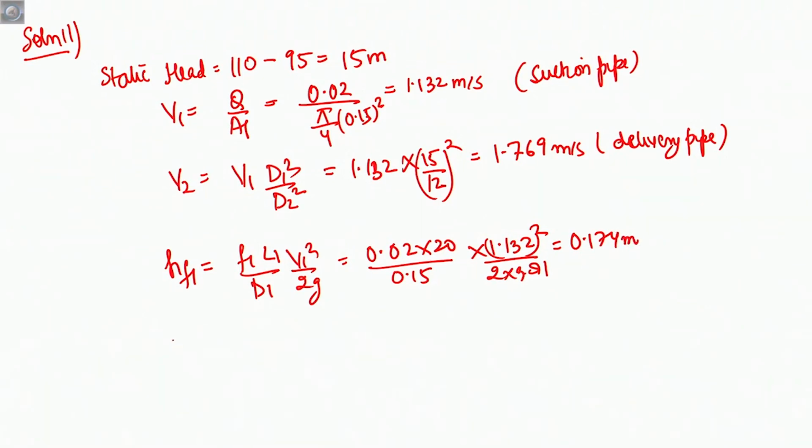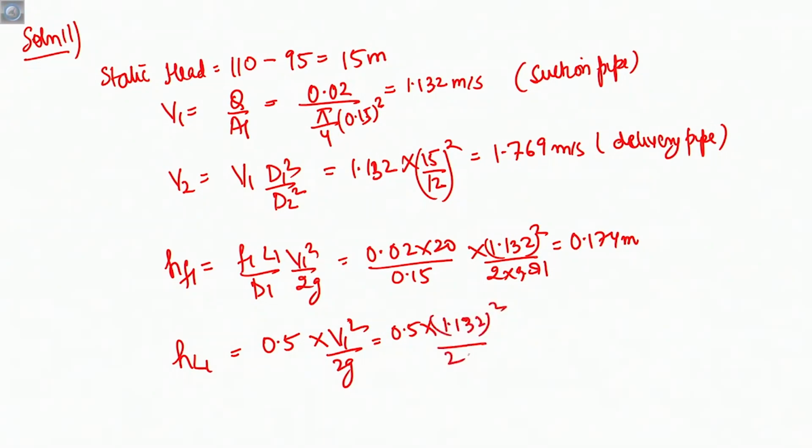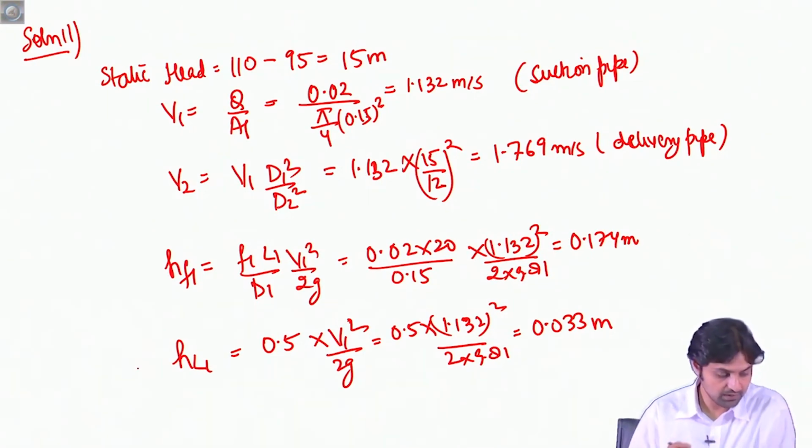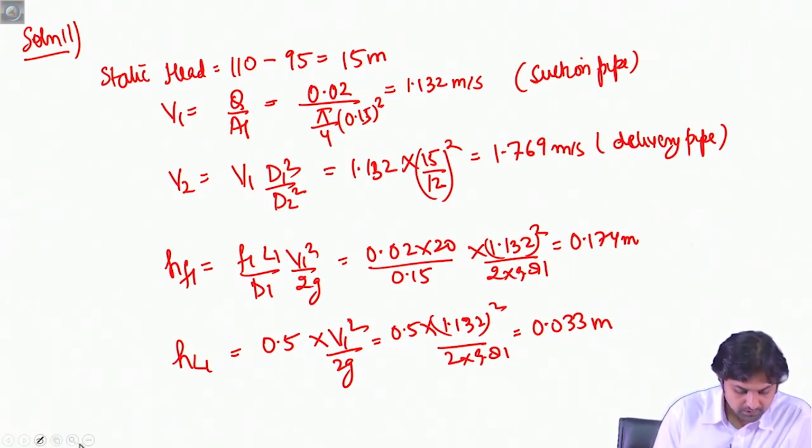There will also be an inlet loss, which is the minor loss, 0.5 into V1 squared by 2g. So 0.5 into 1.132 squared by 2 into 9.81, so 0.033 meter. So these were the losses in pipe 1.